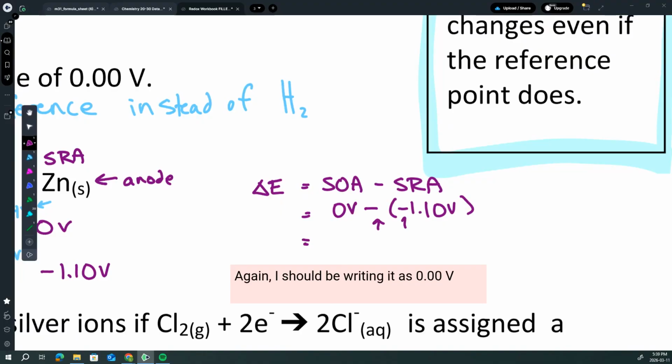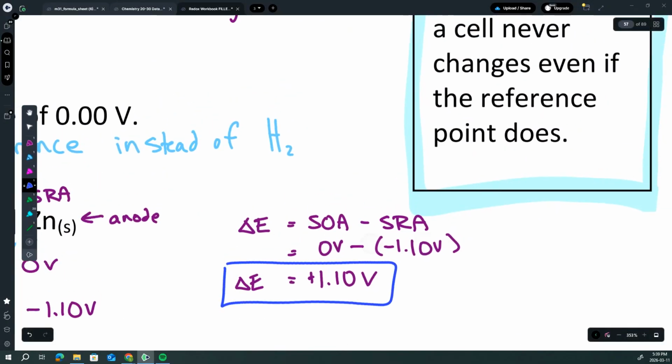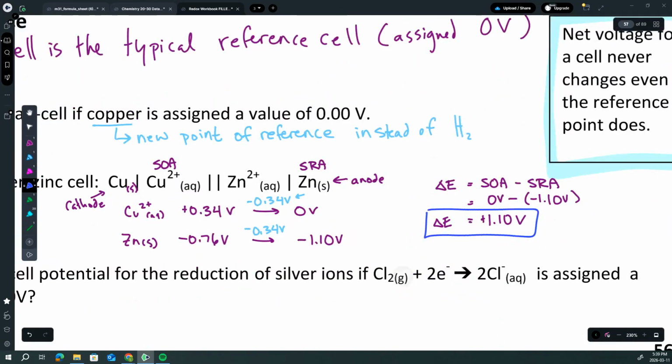A negative times a negative is a positive, so this is going to give us positive 1.10 volts. So there's your proof that when you change your reference cell, it's not going to change the net voltage or the electrical potential difference between your SOA and SRA.